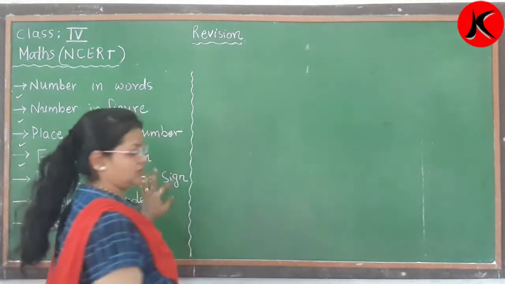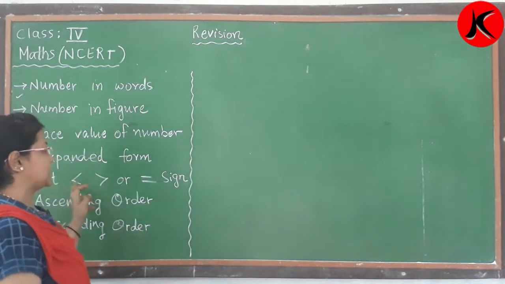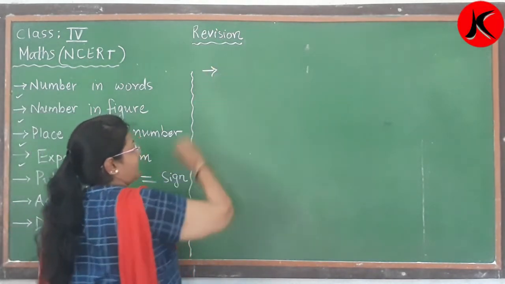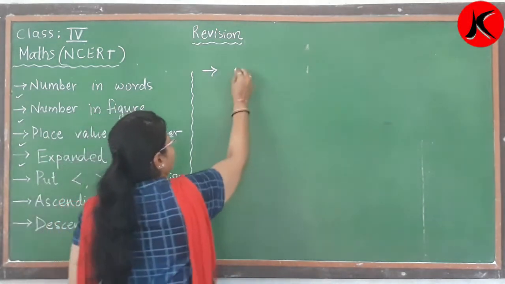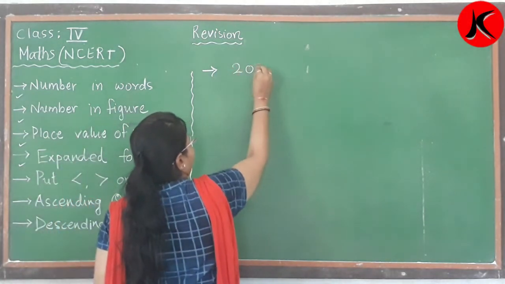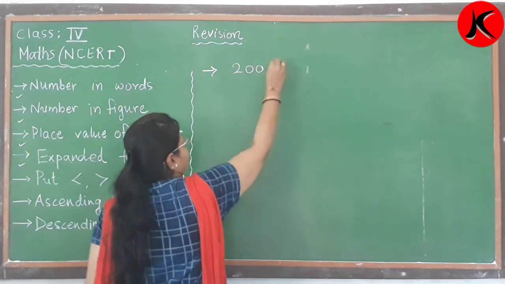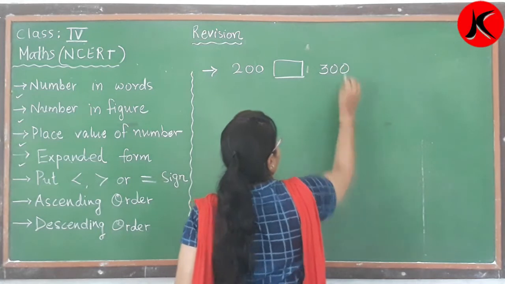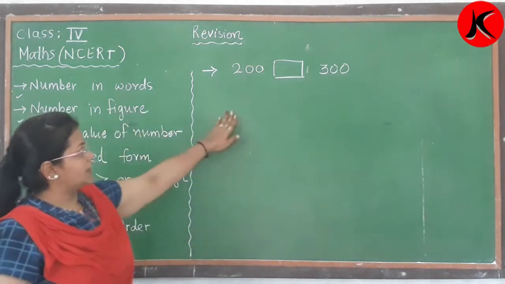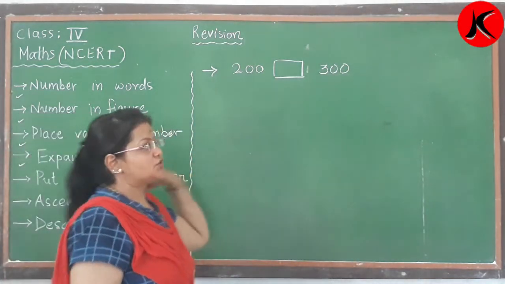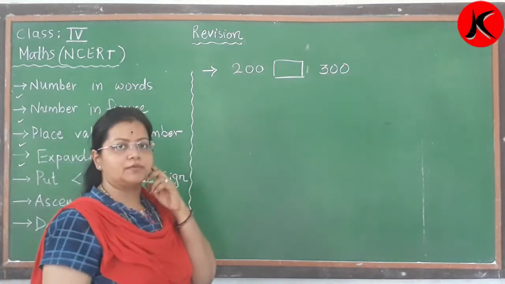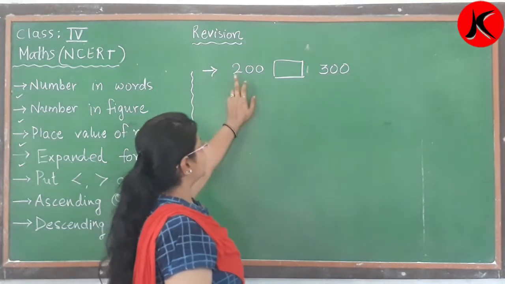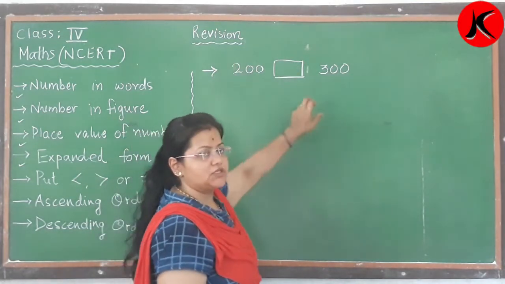Now let me explain that topic. Put the sign between two numbers, like less than, greater than or equal to. Here I am giving one example. If here is 200 and another number is 300, which one is the bigger number? First of all, you have to see the hundreds place on both sides.